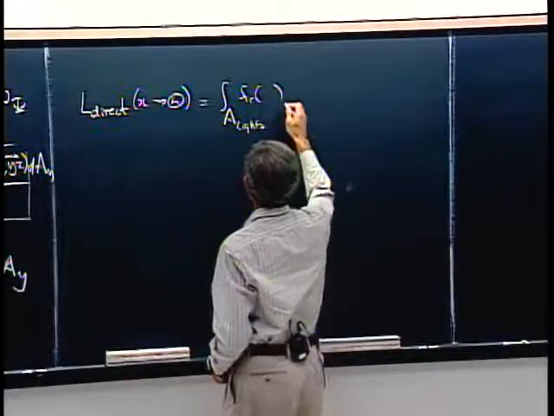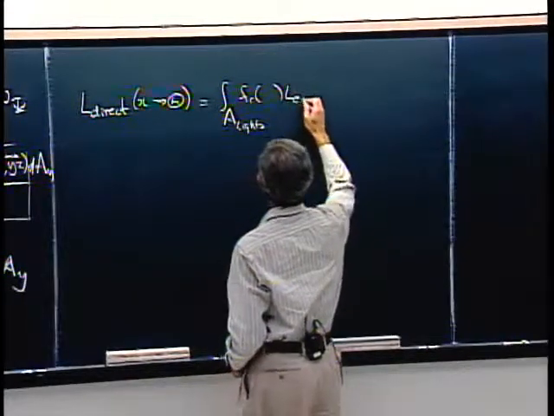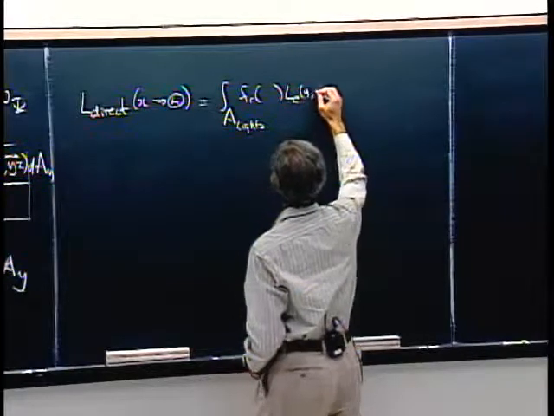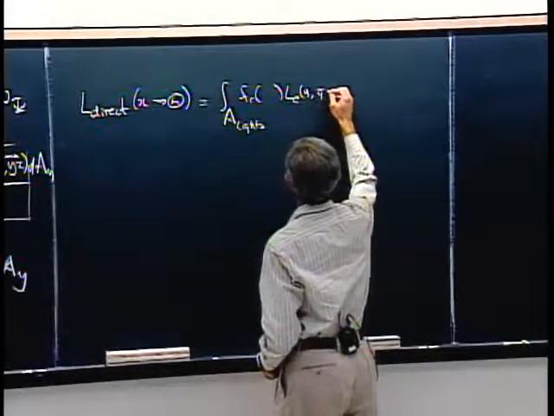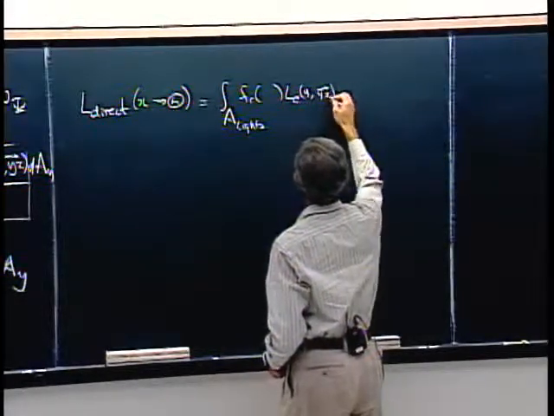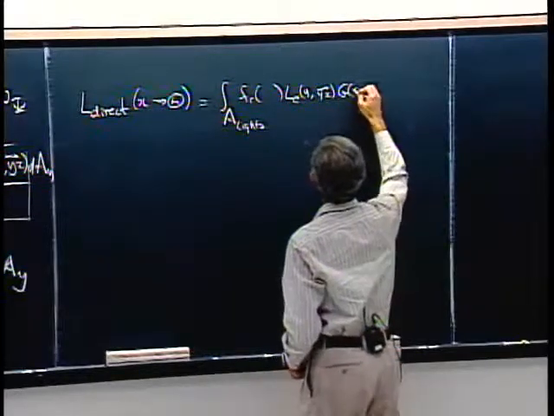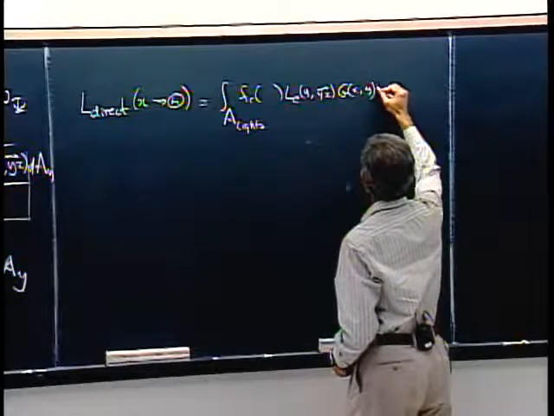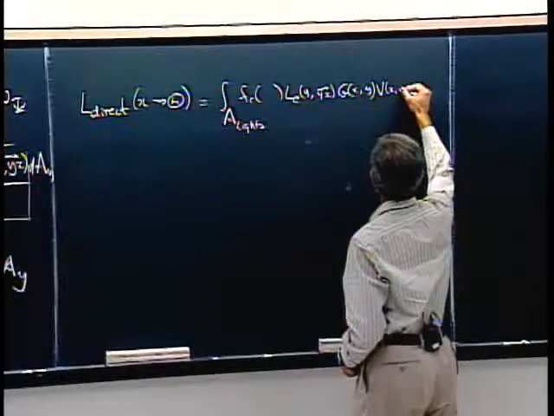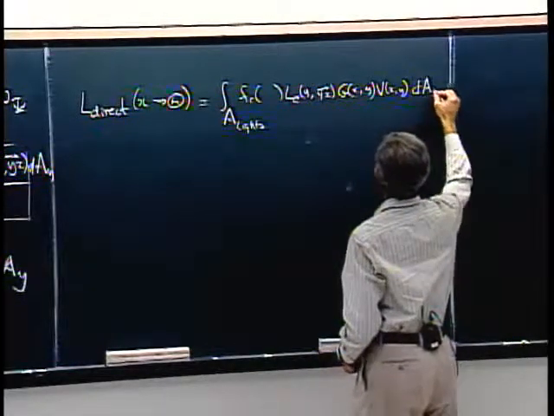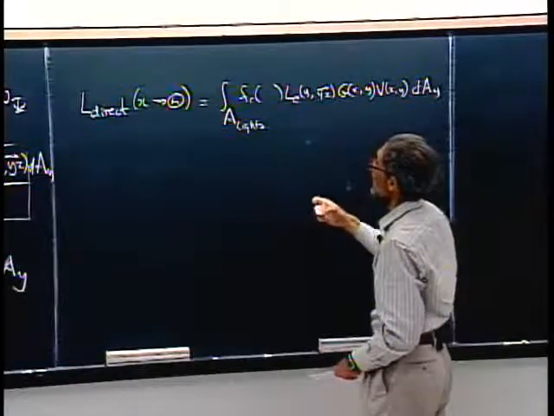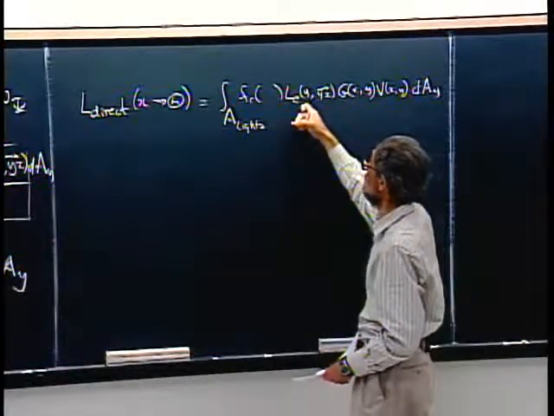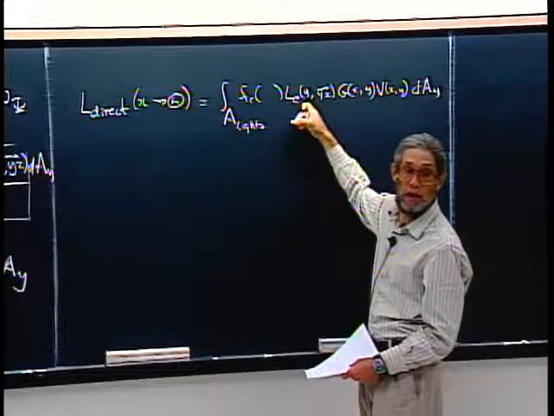I won't put all the angles in, but it's only going to be the emitted light at y in the direction from y to x, G of xy, V of xy. I got them in the wrong order. dA at y, where now we're integrating only over the light sources, and we're integrating over the emitted light.